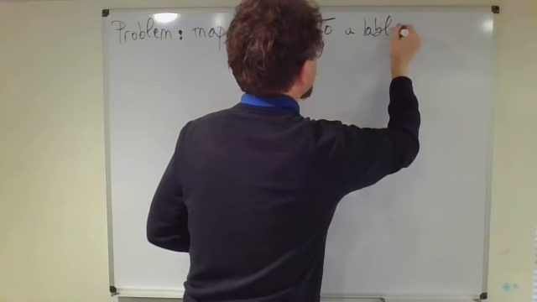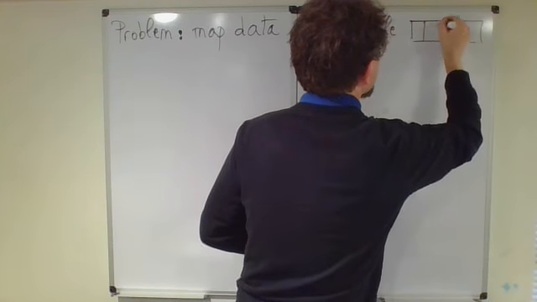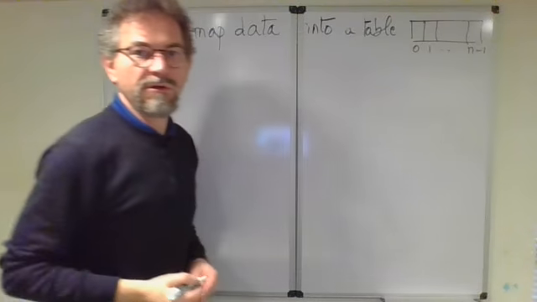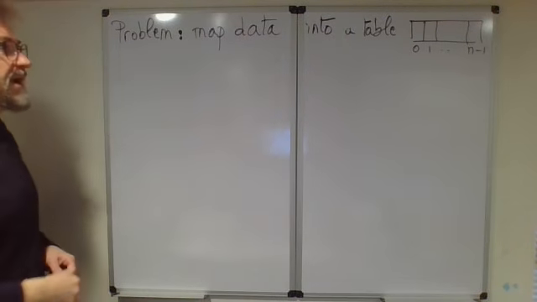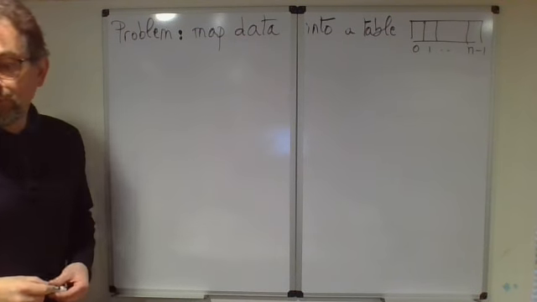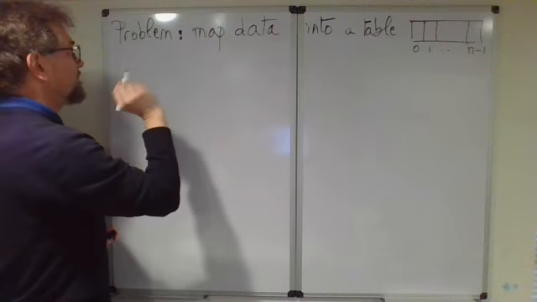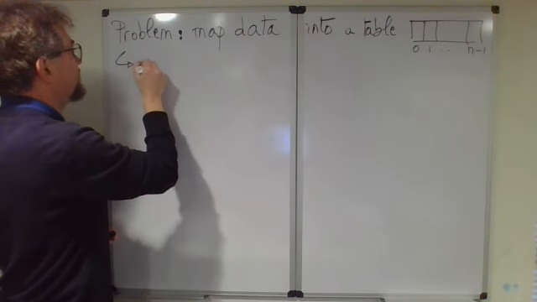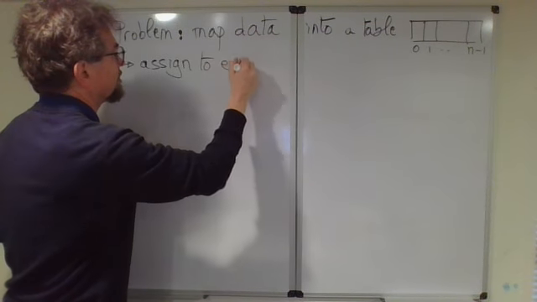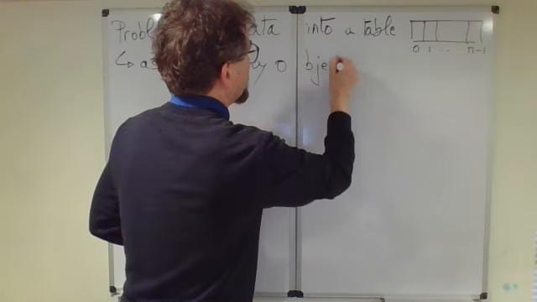So storing them into a table, you can think of a table as a sequence of some storage elements that we have available. So we're going to do this by assigning to every data element, or every object, an index.